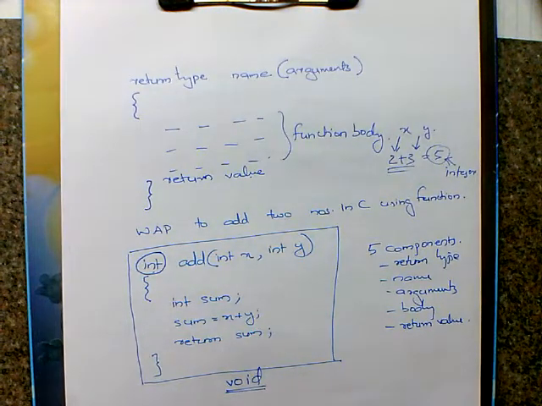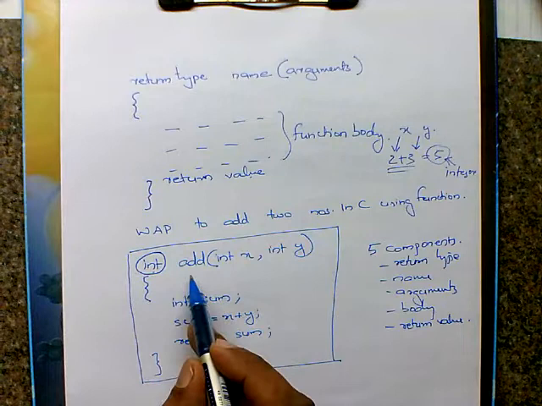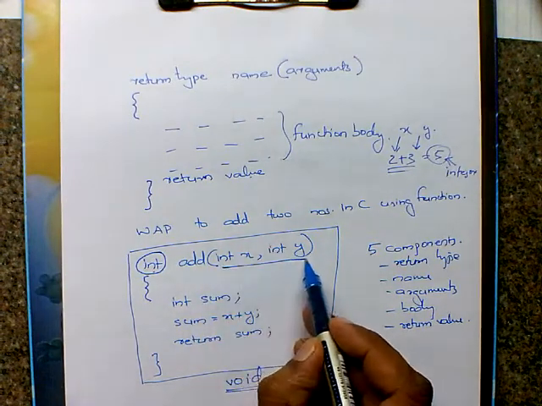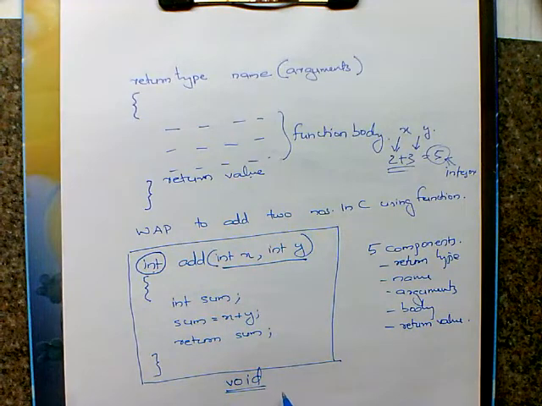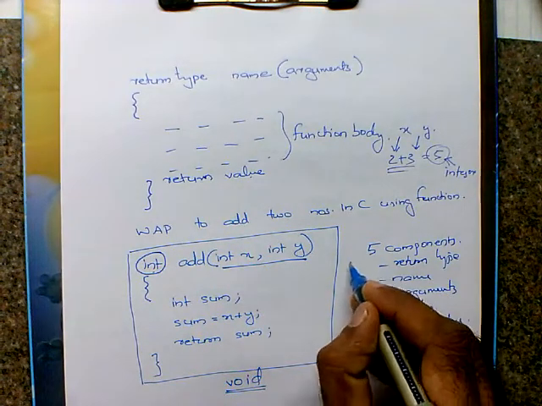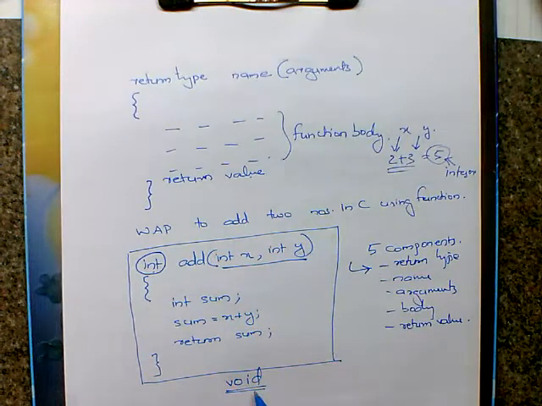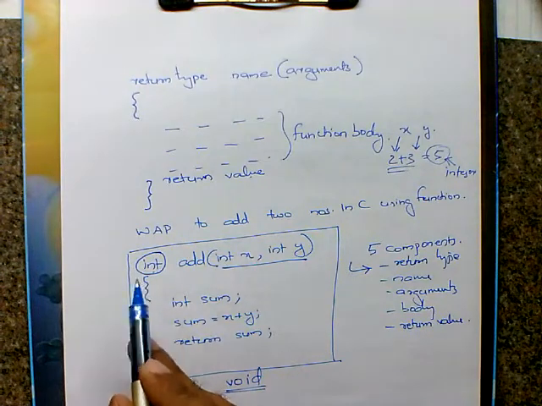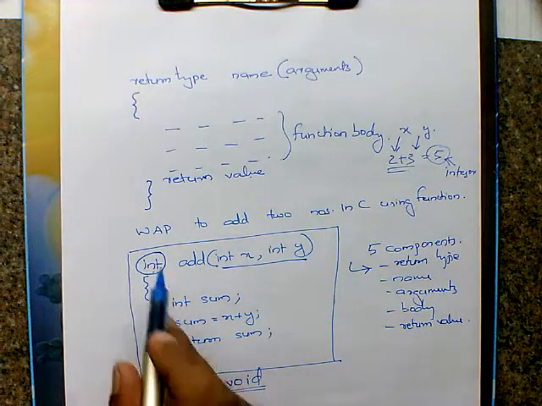That means it is not returning anything. But function name is a must. And arguments you can skip. You cannot write a blank space for the return type. Either you should write int, float, char or void, or a pointer.